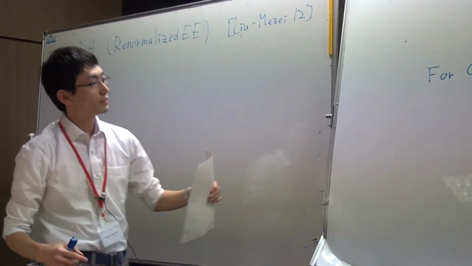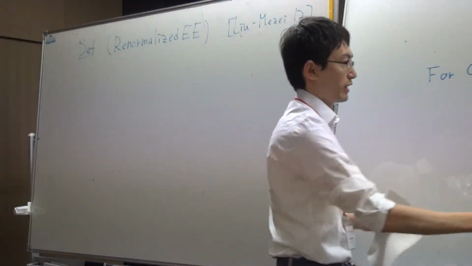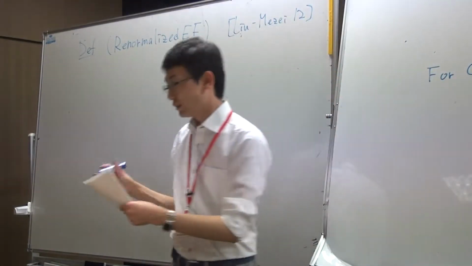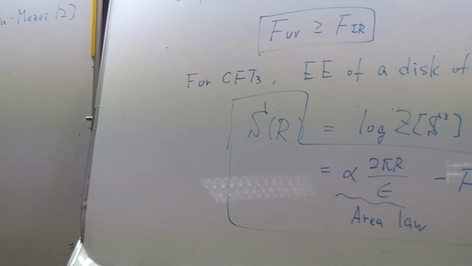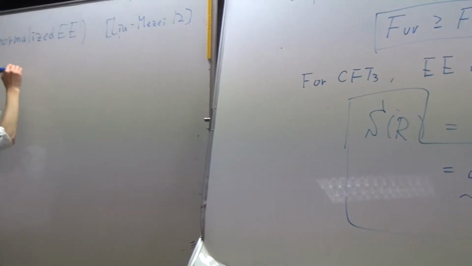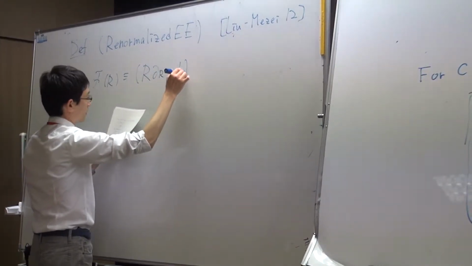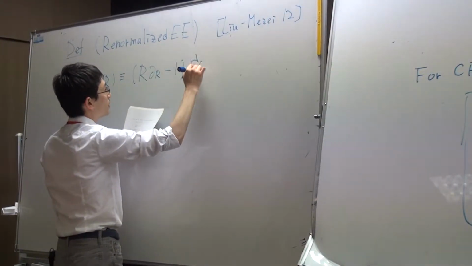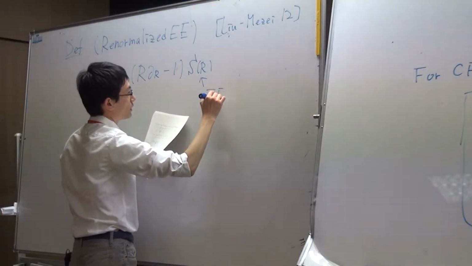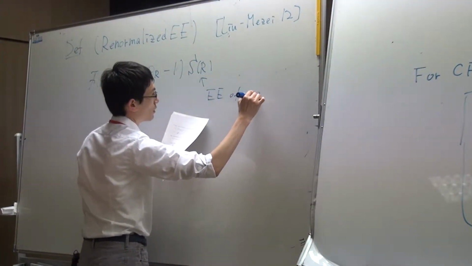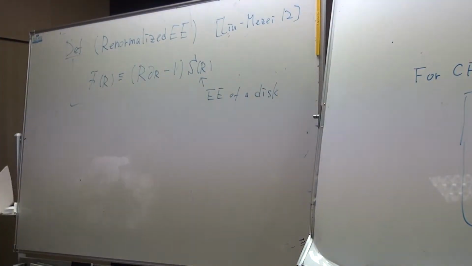Since the entanglement entropy has the areal divergence, we have to somehow cancel this part. The minimal way is to act with some derivative operator which cancels the areal divergence. Here S of R is the entanglement entropy. So I define such a function.